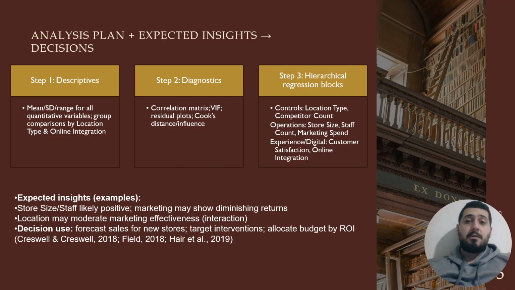The practical value is strong. The company can forecast sales for new locations, identify why specific stores underperform, and allocate resources, marketing, and staffing based on evidence and expected return on investment.